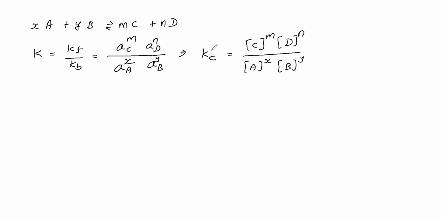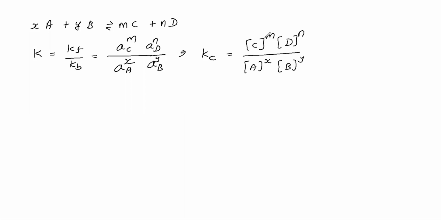So Kc, the equilibrium constant in terms of concentration, is equal to, in the numerator you have to write what is on the right side, that is C and D, in terms of their molarities.